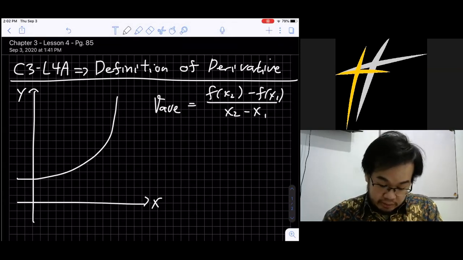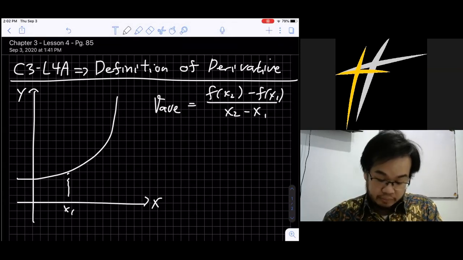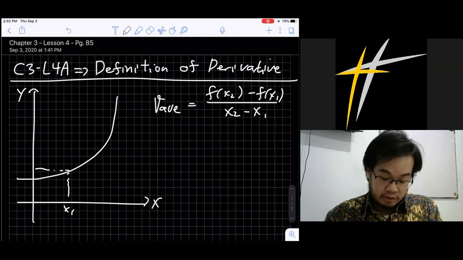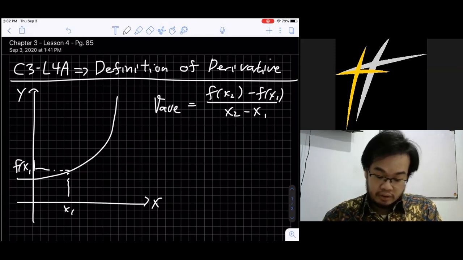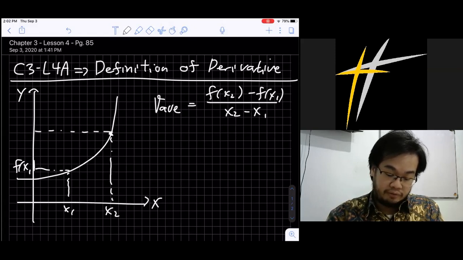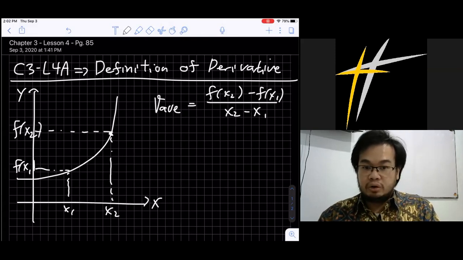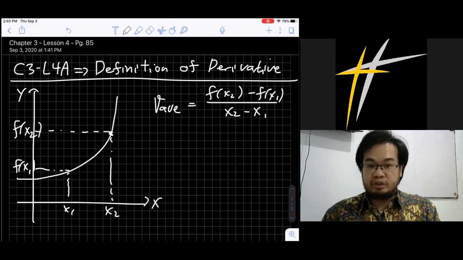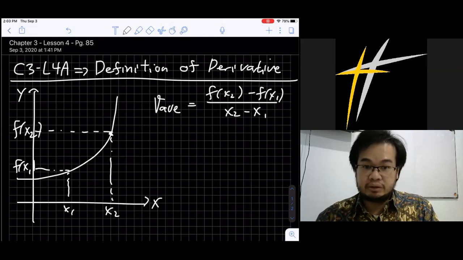So it has the x1 here, and this is f of x1, and then we have x2 here, and then we have f of x2 here. So that's the average rate of change. Basically, it's f of x2 minus f of x1 over x2 minus x1.